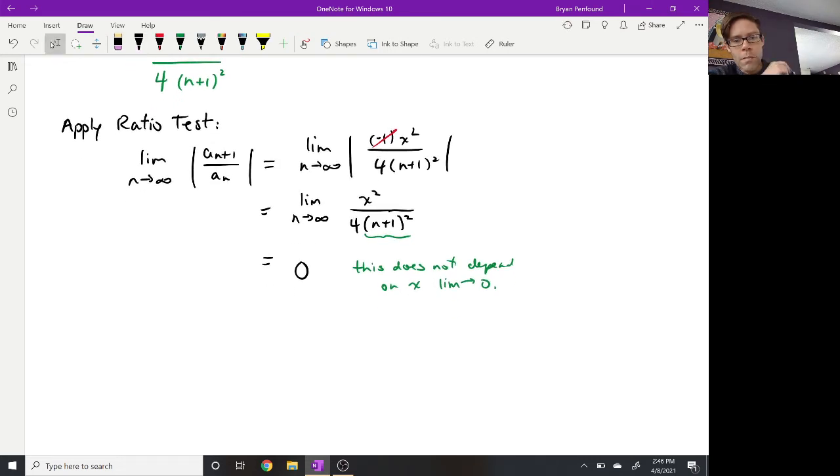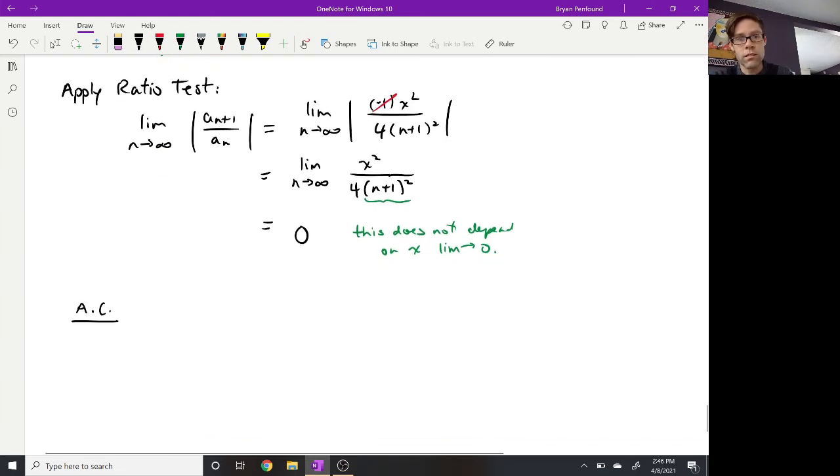Now, remember that according to the ratio test, for absolute convergence, we want this limit to be less than 1. But the limit that we evaluated is already less than 1. It's 0. So since this limit is already less than 1, all values of x will work.